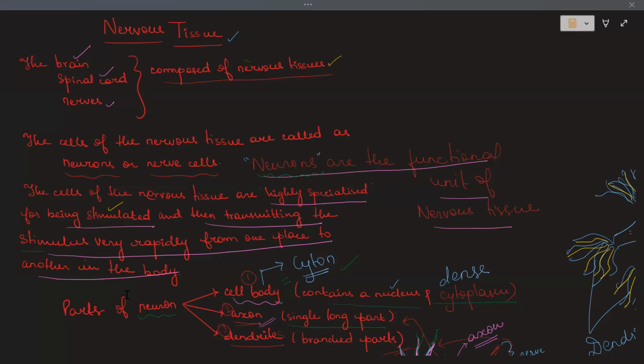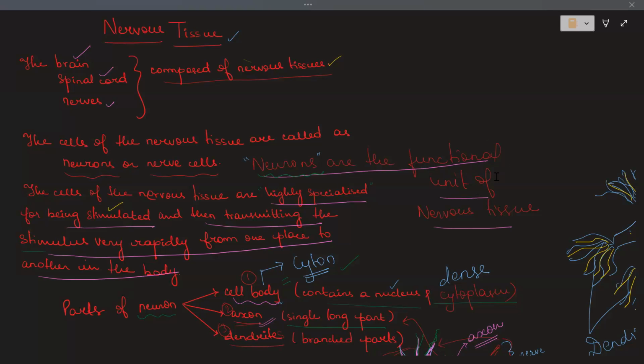Ma'am, I have a doubt. Yes, Tejas, tell me. Ma'am, what is the main function of connective tissue? It connects. There are different connective tissues, right? The name only tells us that it is responsible for some sort of connection.